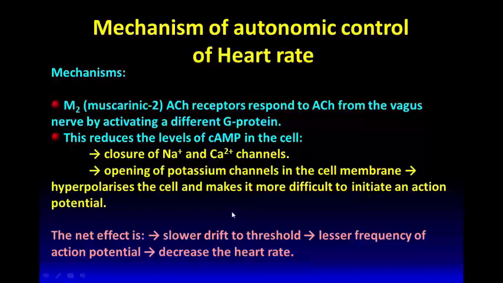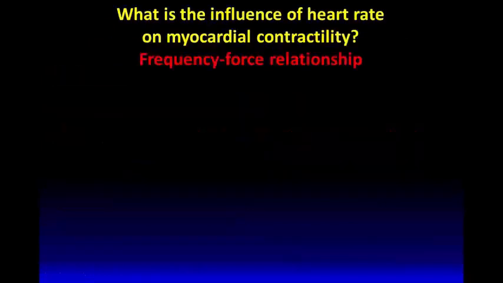It is beautiful that as the heart rate increases, the force of myocardial contraction, myocardial contractility, also increases. And this is what we call the frequency-force relationship. So this is another way by which heart rate influences the cardiac output.